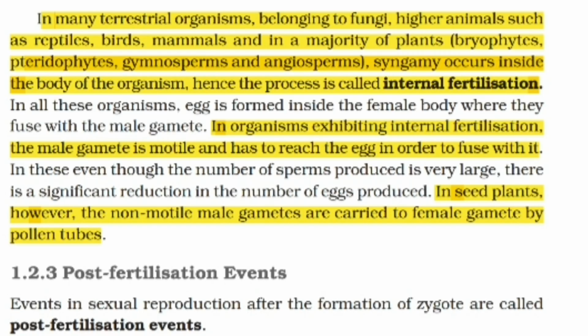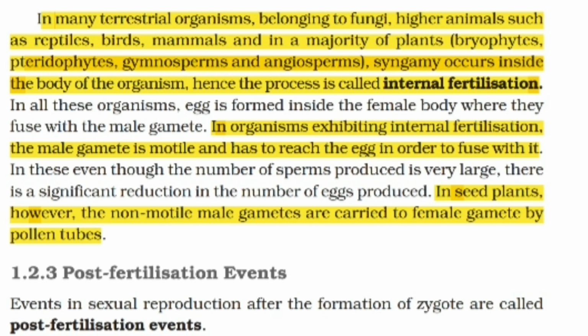Now let's discuss internal fertilization. This fertilization is the specialty of complex animals and plants. Complex animals are basically multicellular organisms. A few terrestrial organisms are fungi, reptiles, birds, mammals. And in plants, these are the bryophytes, pteridophytes, gymnosperms and angiosperms.